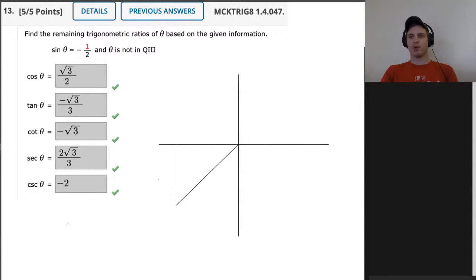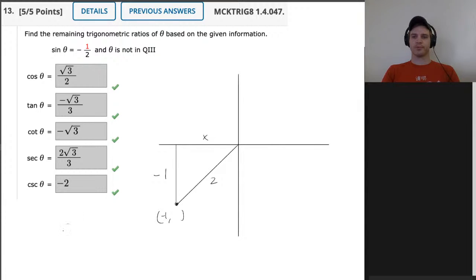That means y here is -1, and the hypotenuse is 2. So this is y over r. Then you can use the Pythagorean theorem to figure out this side x here. So x is going to be equal to 2 squared minus 1 squared, which is 3 square rooted.